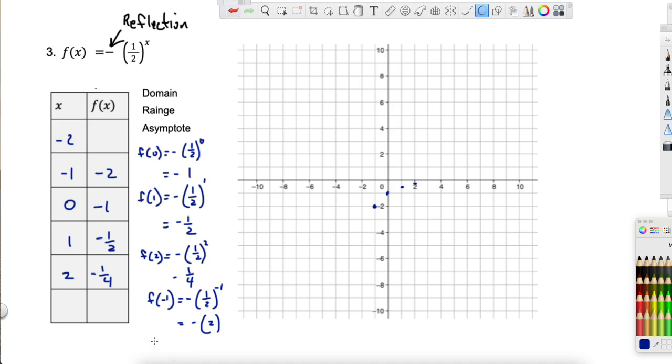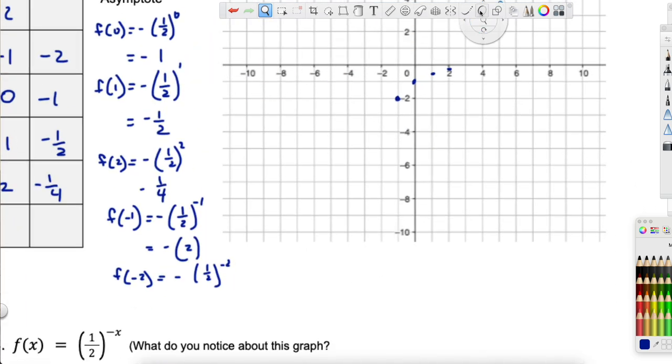Okay, -2: -1/2 to the -2. In order to make this positive, take the reciprocal. 2 squared is 4, and then we multiply through by a negative, so we get -4 here.